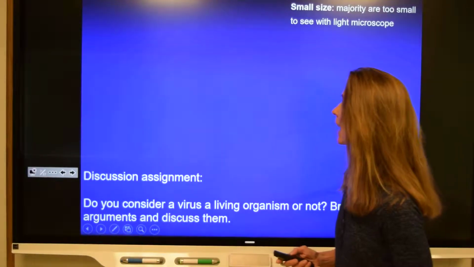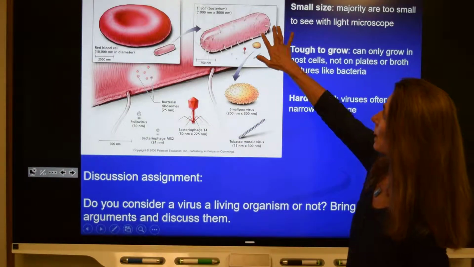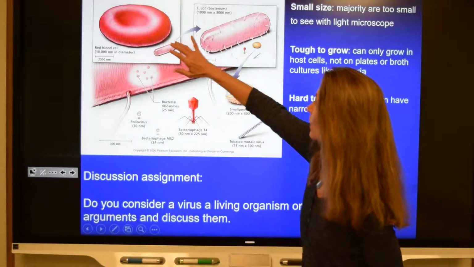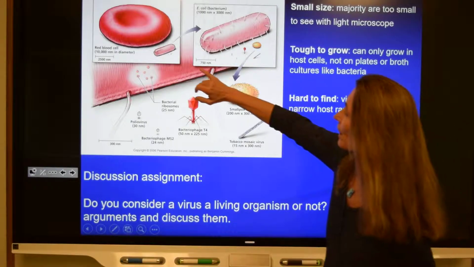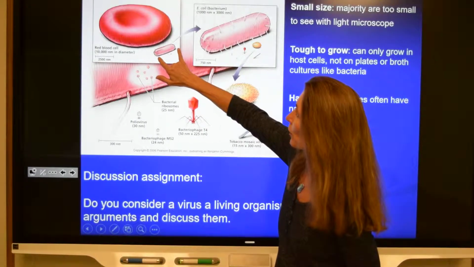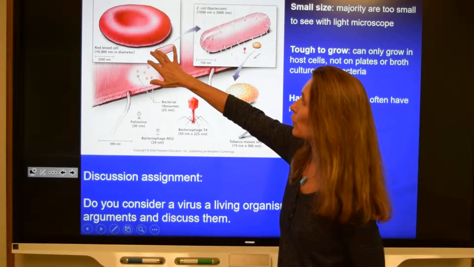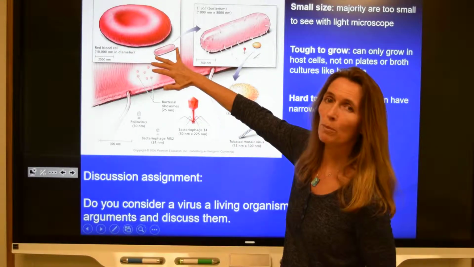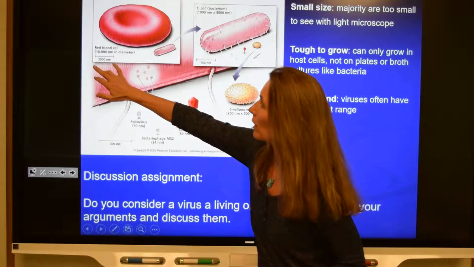If we look at the size of viruses now, here you can see blood cells and bacterial cells, and here you can see how small a bacterium is compared to a red blood cell in eukaryotic organisms. The bacterium is already much smaller than the red blood cell here. And what are we talking about, the dimensions?